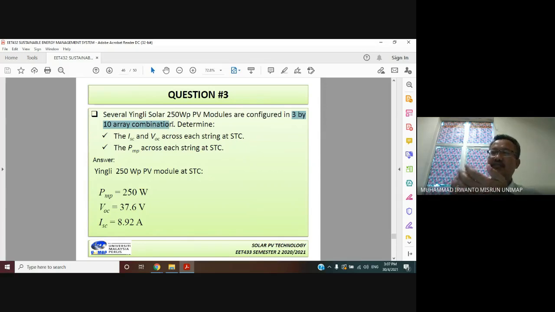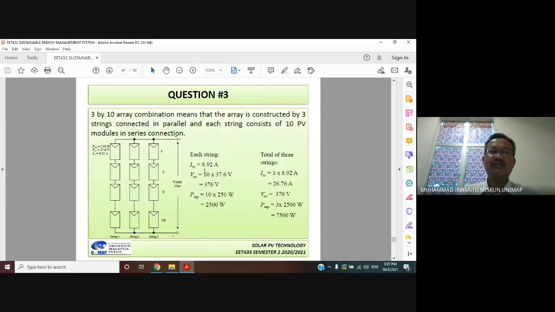Now we have to draw the connection. 3 strings, and each string has 10 PV modules connected together in series. The connection is like this. A 3 by 10 array combination means that the array is constructed by 3 strings connected in parallel, and each string consists of 10 PV modules in series connection.